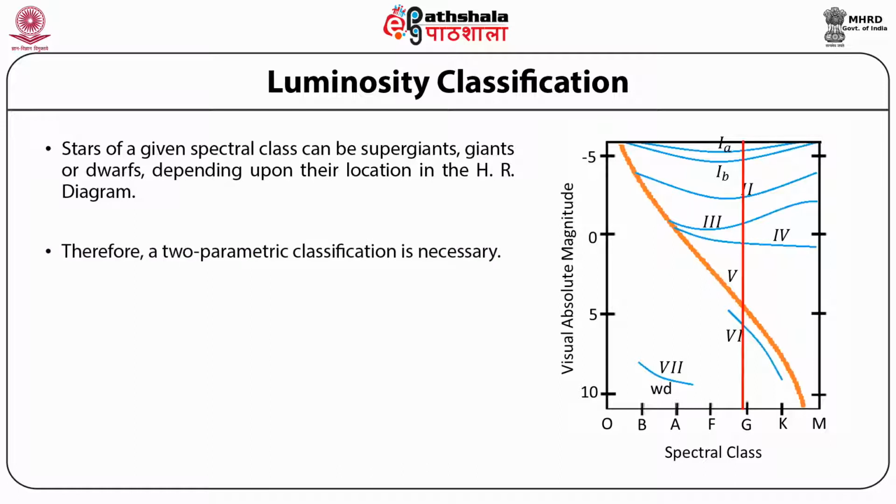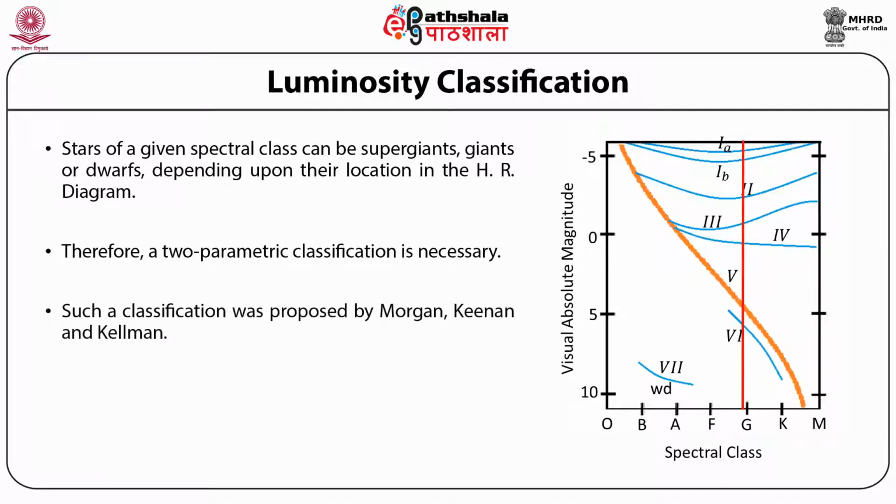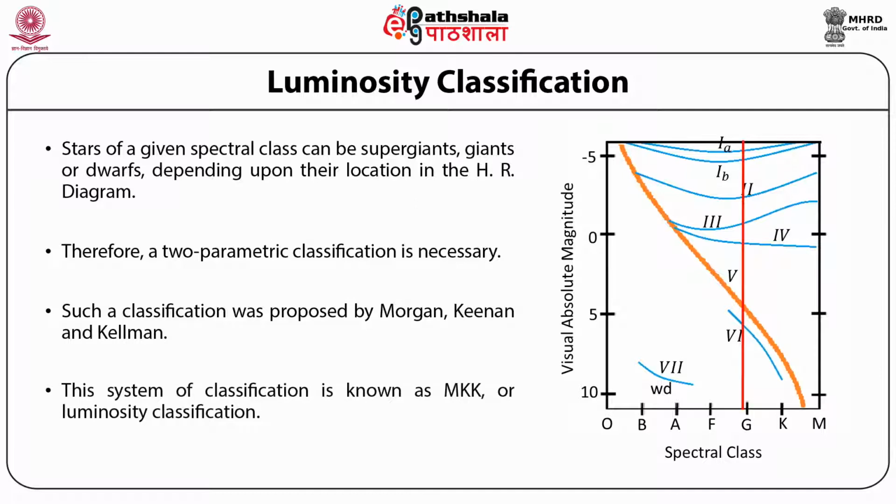Therefore, a two-parametric classification is necessary. Such a classification was proposed by Morgan, Keenan, and Kellman. This system of classification is known as MKK or luminosity classification.